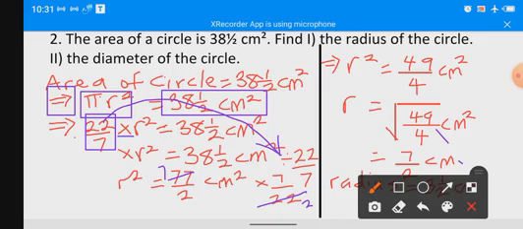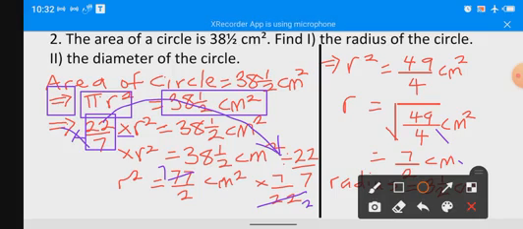The sign in front of 22/7 is also times. So times 22/7 comes here and becomes divided by 22/7. The opposite of multiplication, I told you, is division.